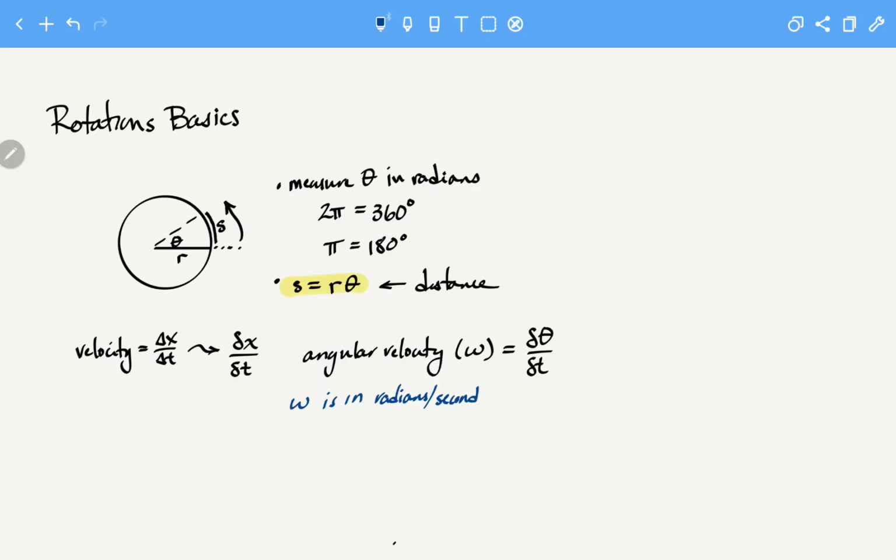And so if we think about how this all works, it is the velocity divided by radius, because if you look at your units, you have radians per second, velocity is meters per second, and we have to get rid of that meters. So that really means that omega is equal to velocity divided by the radius.